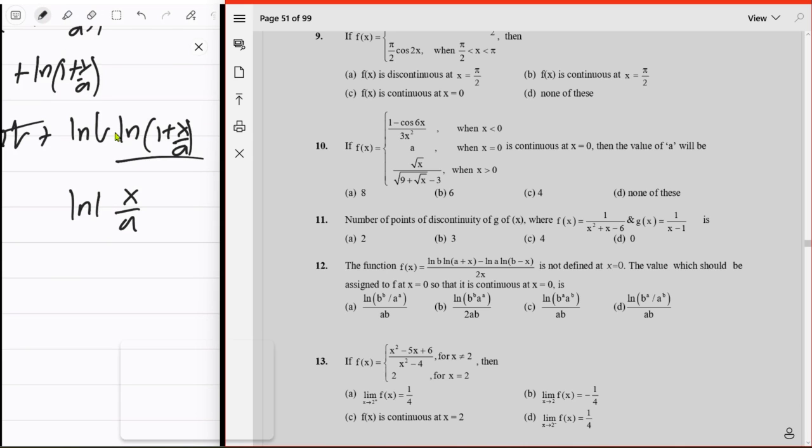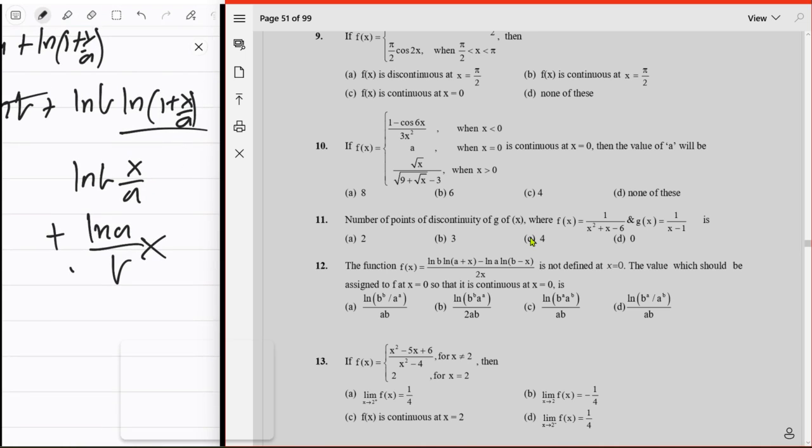Then you get a negative, and in that case, natural log of a times natural log of 1 minus x upon b, right? Which is approximately negative x upon b. So this will just be plus x upon b times natural log of a. Cool, and all of that upon 2x, right?